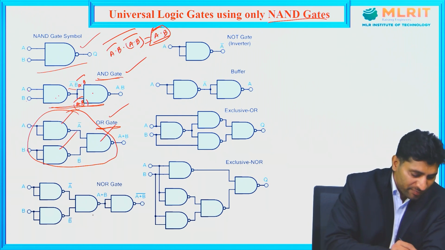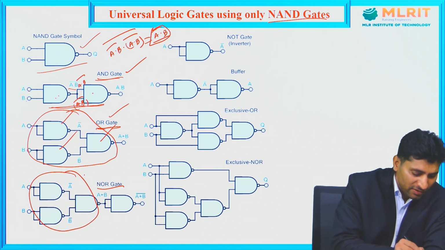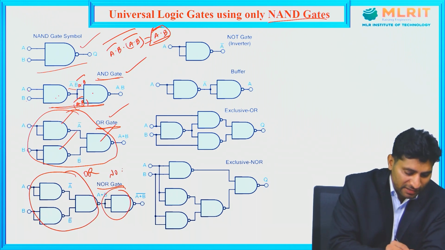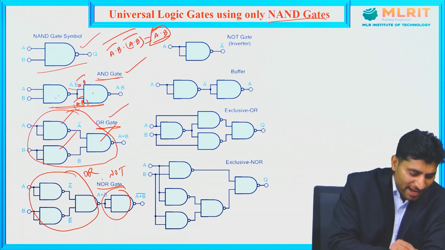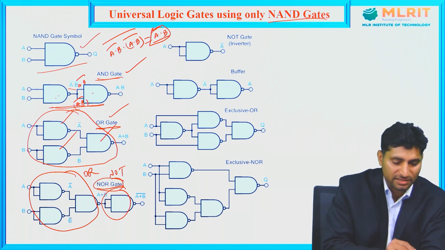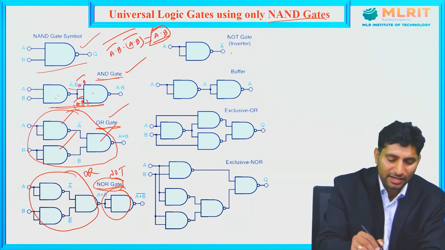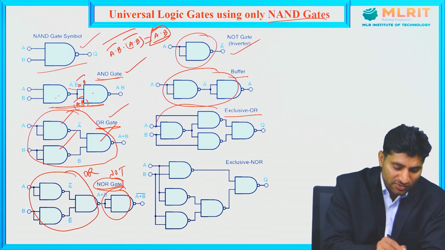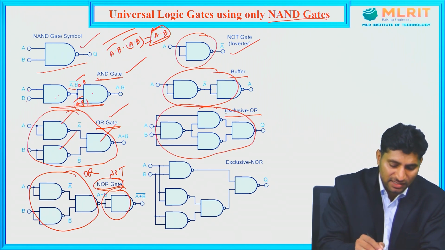Here also, up to here it is an OR logic gate, and this one itself is a NOT logic gate. I can have a NOR logic gate like this. Like this, I can have a NOT logic gate if I connect like this. I can also implement a buffer logic gate like this. So, an exclusive OR logic gate, if I connect in this fashion, I can get it.